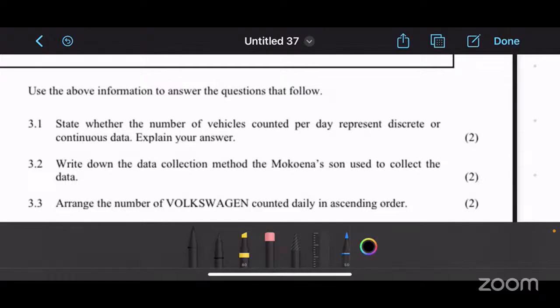Okay. Let's start with asking what does discrete mean and what does continuous data mean? Discrete is like whole numbers, ma'am. And continuous doesn't really have, it's not really in full format, like in whole numbers. That's how I see it.